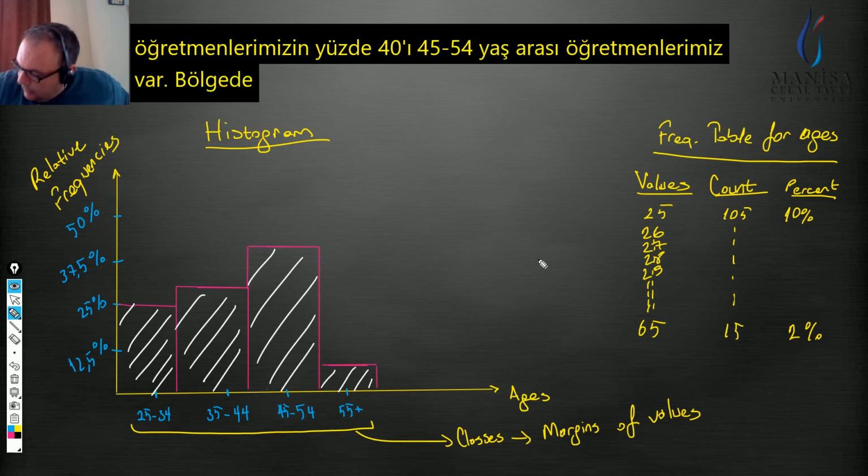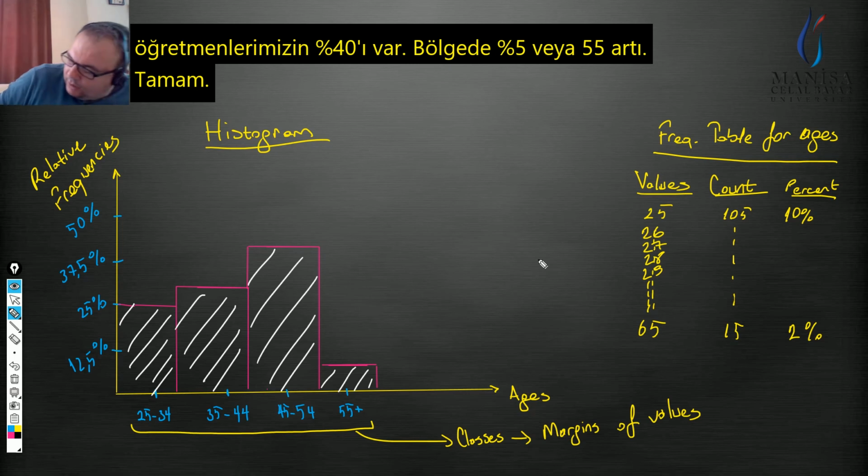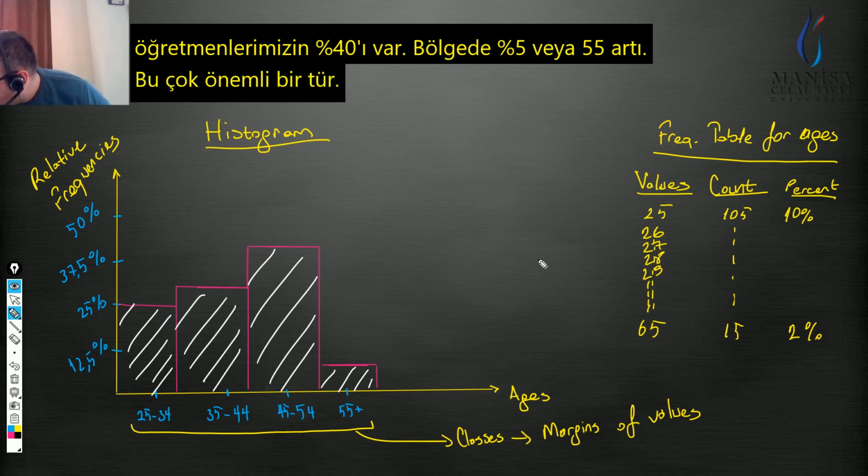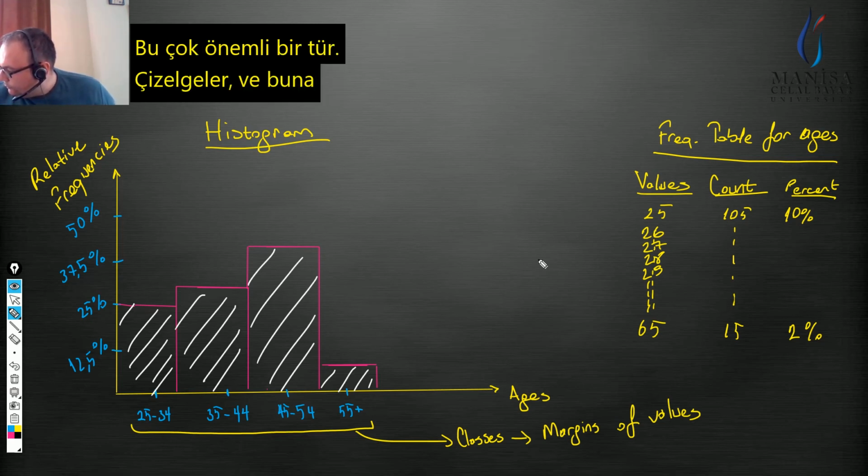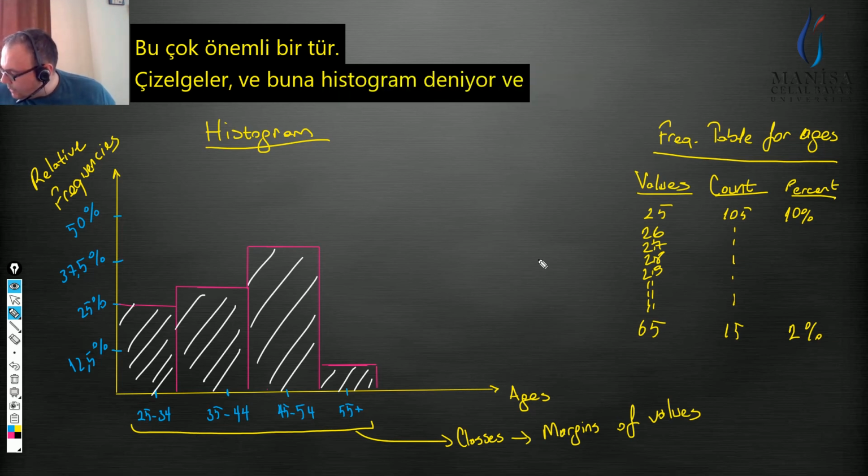Okay, this is a very important type of charts, and it's called histogram. And also we will study some modified versions of these histograms.